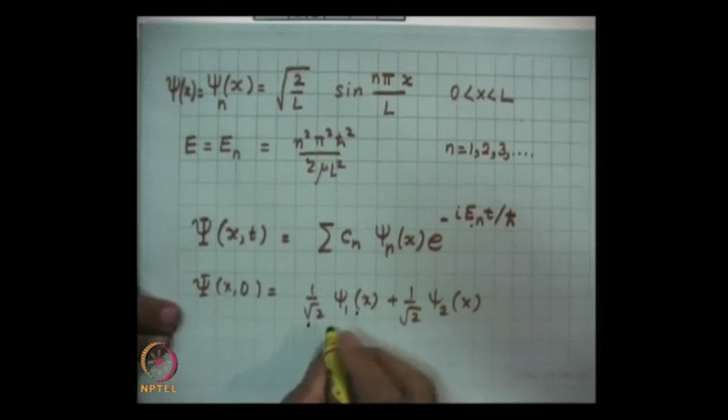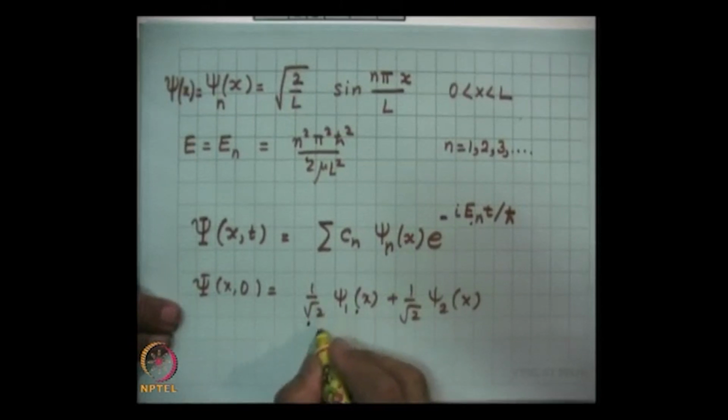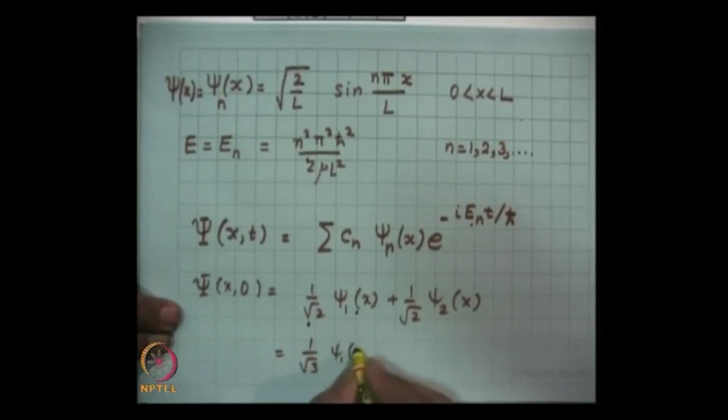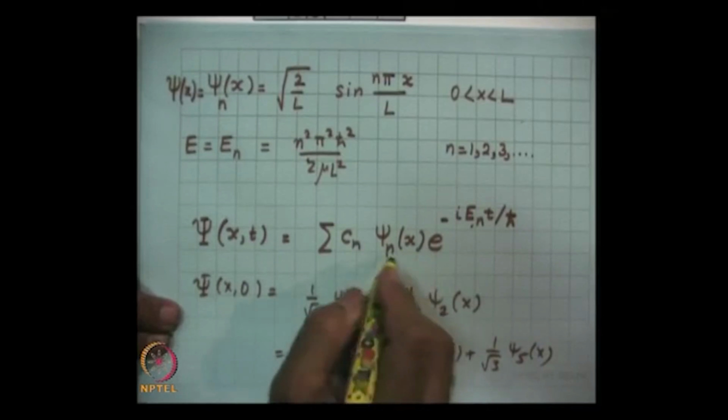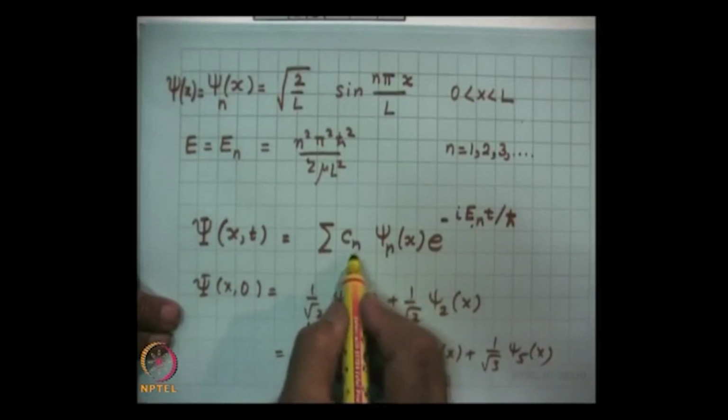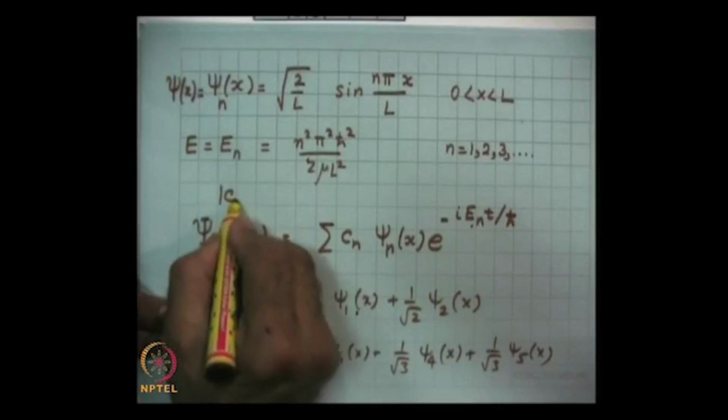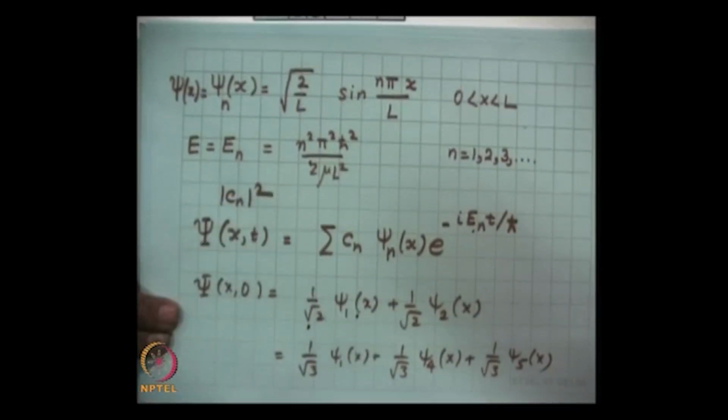You can also have something like 1 over root 3 psi 1 of x plus 1 over root 3 psi 4 of x plus 1 over root 3 psi 5 of x; they need not all be equal. Mod C n square, as I will explain, will represent the probability of finding the particle in the nth state.